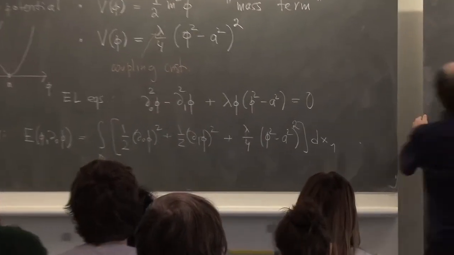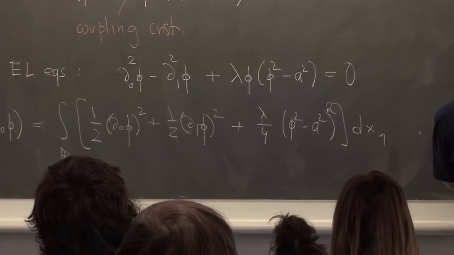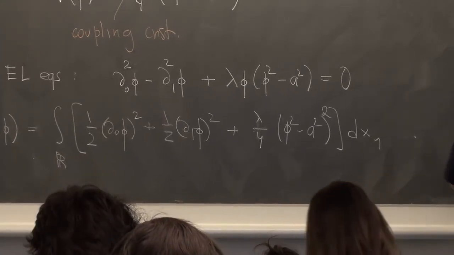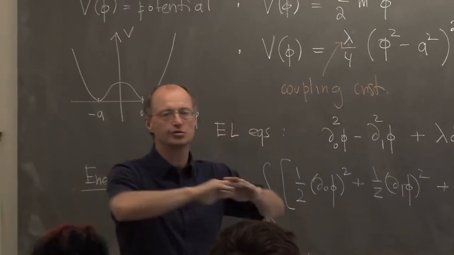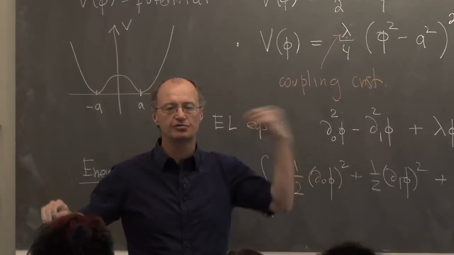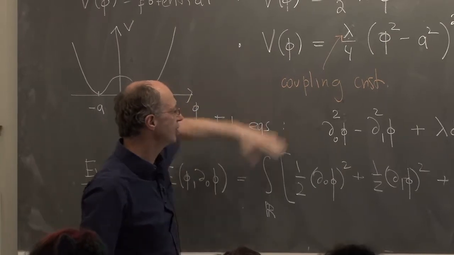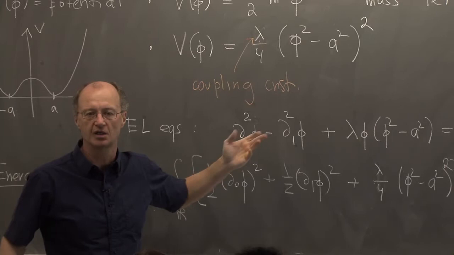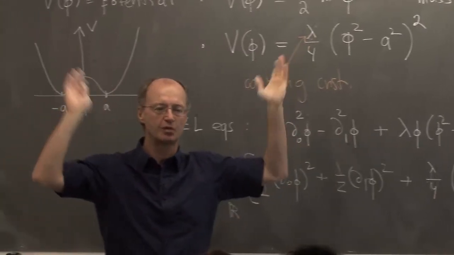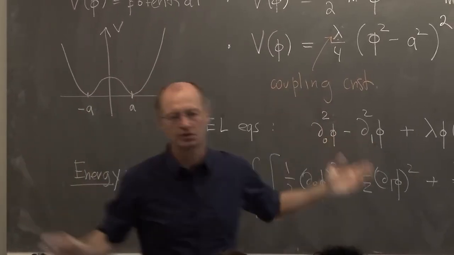So let's discuss solutions of the EL equations. So normally we think that we can choose some time slice, so we fix x naught, and then on this time slice we give sufficiently nice phi and d naught phi. And after that we have a Cauchy problem which hopefully has solutions.